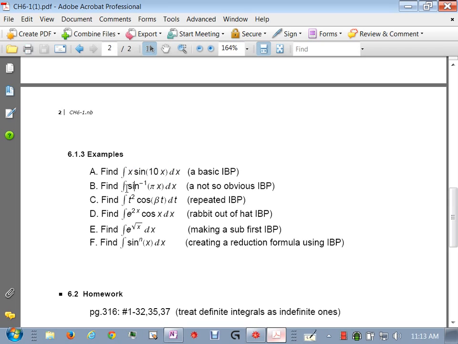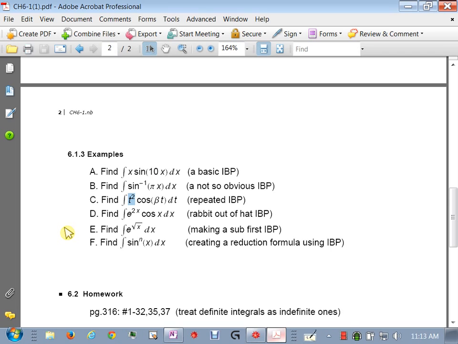In this one, our choice of u was this, not that, but was that arc sine part. Why? Yeah, we're not going to use dx as u. That was our only real choice, right? In the third one we did, we chose our t squared to be our u. Why?